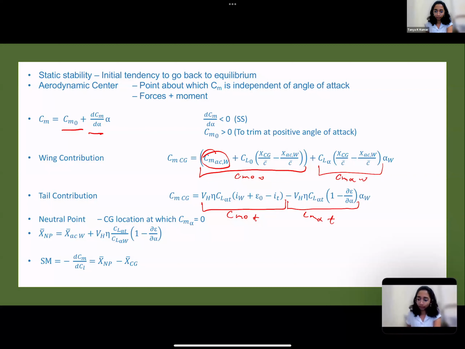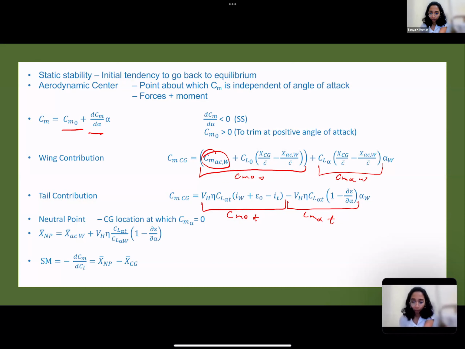What does it mean? Pitching moment about the aerodynamic center. Yes. It's negative for a cambered airfoil, positive for a reflex airfoil, and 0 for a symmetric airfoil.